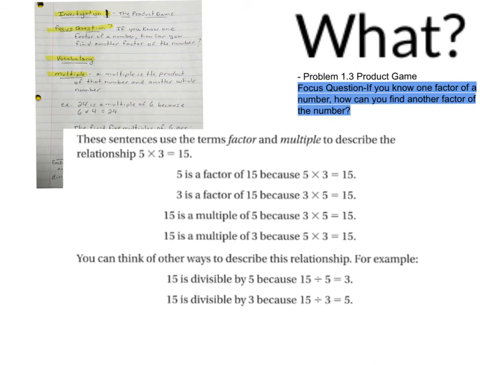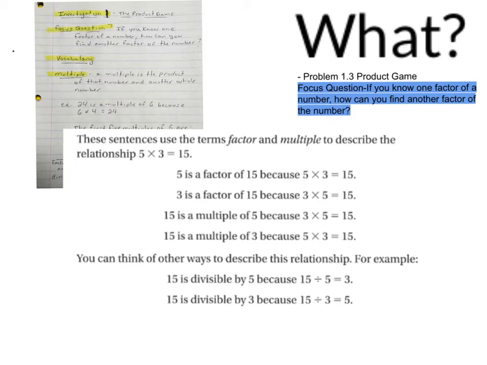It says these sentences use the terms factor and multiple to describe the relationship of 5 times 3 equals 15. 5 is a factor of 15 because 5 times 3 is 15. 3 is also a factor because 3 times 5 is 15. 15 is a multiple of 5 because 3 times 5 is 15. 15 is a multiple of 3 because 5 times 3 is 15. Just more ways of hearing what I've already described.